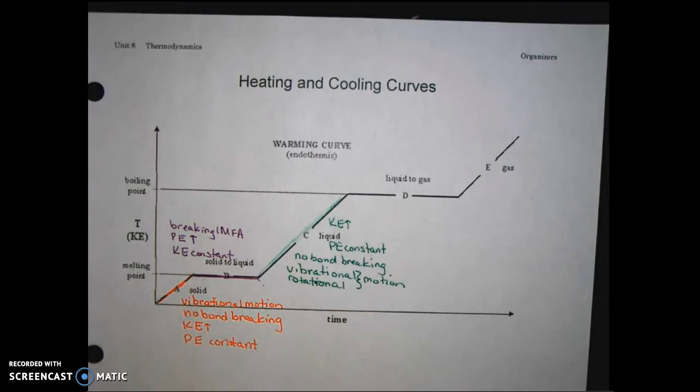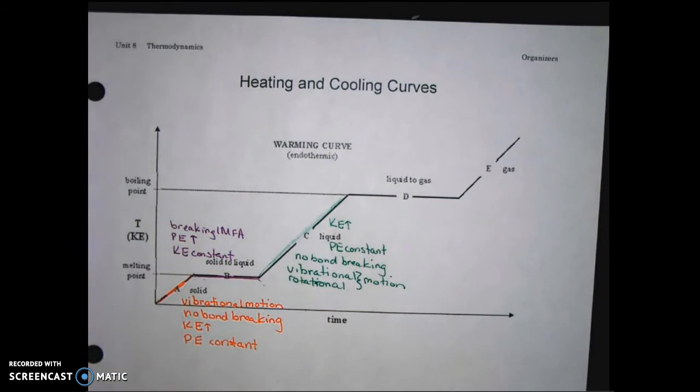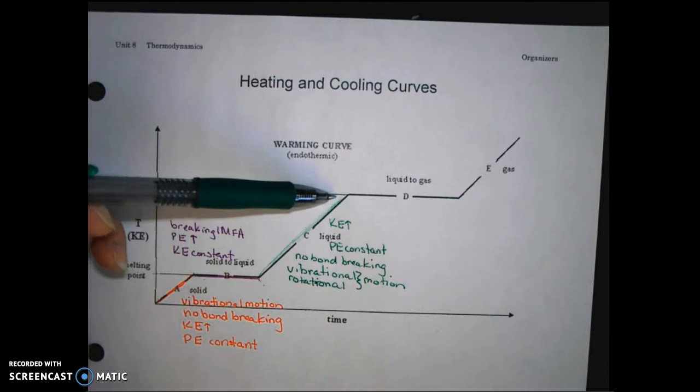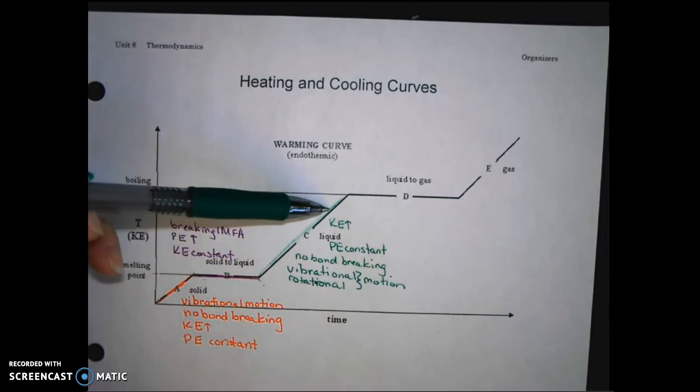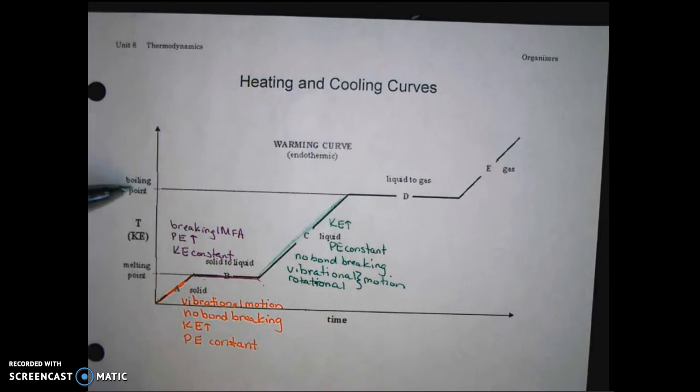So you wind up with more energy being used to make the molecules move even more. As we increase that rotational motion and more vibrational motion and so forth, the temperature of the liquid heats up, heats up, heats up until you get to this point here, which is now the boiling point.